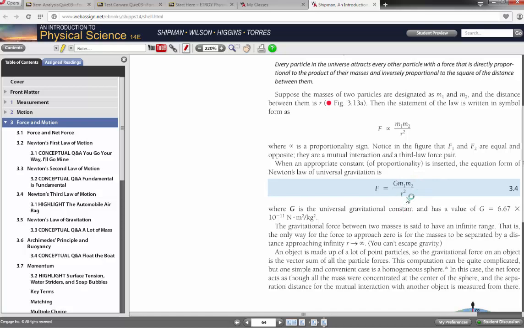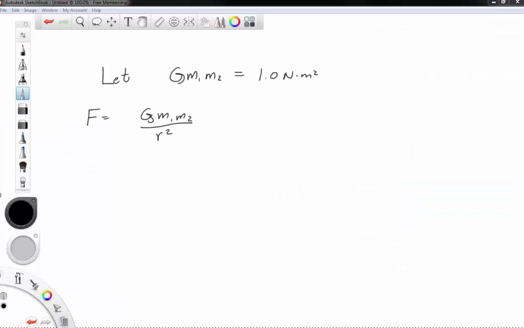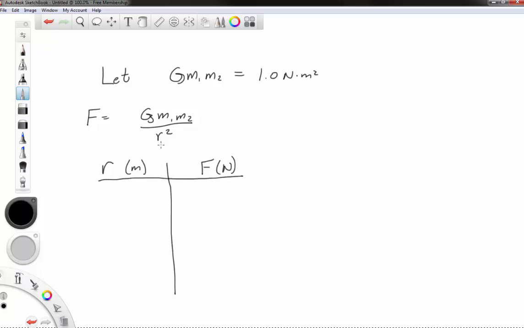So what would happen then if we started plugging in values for r? Let's put one column for the value of r in meters, and the other column for the value of force in newtons. We're not going to do 0 meters because we don't want a 0 in the denominator, but let's try 1, let's try 2, and let's try, say, 10. So that gives us 3 different values that we can use.